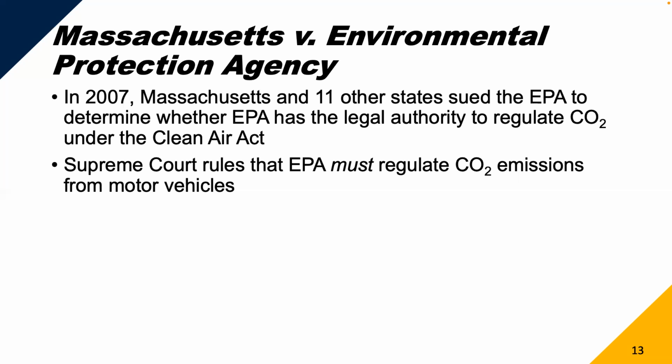However, there are also emissions that affect global warming, right? CO2, greenhouse gas emissions, so CO2, methane, N2O. And these things don't have a local air quality impact. These are not local air pollutants.